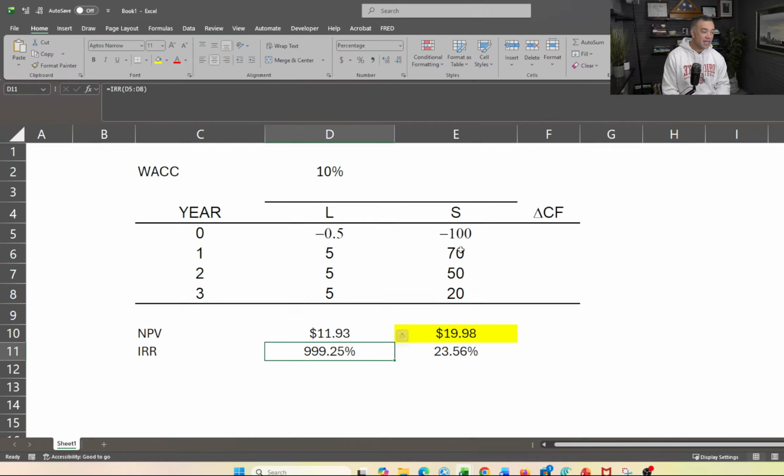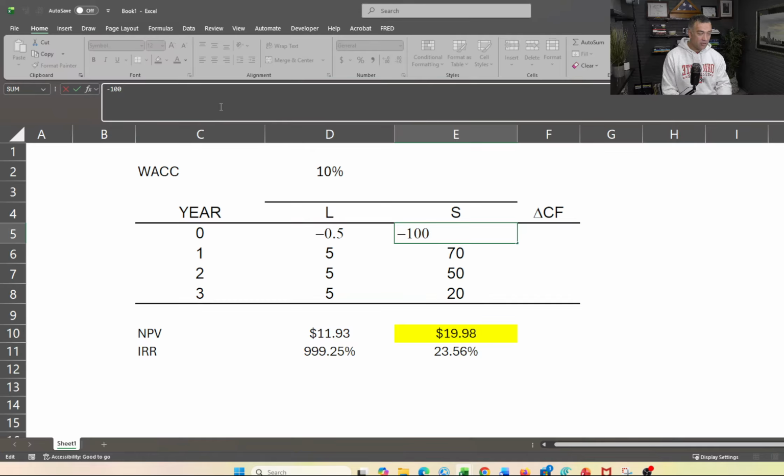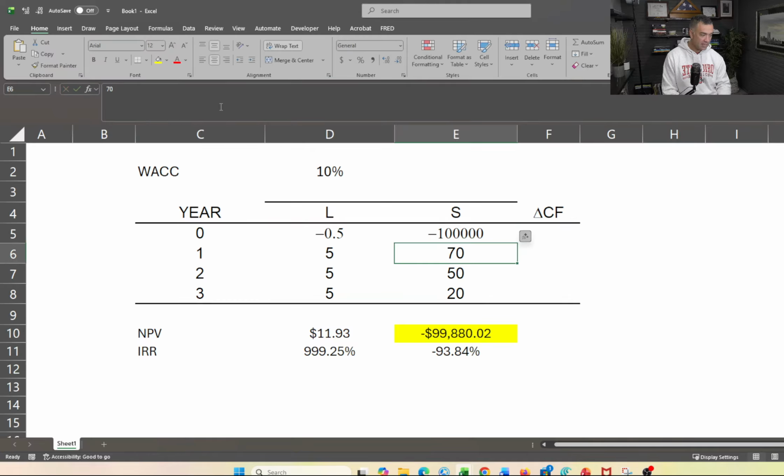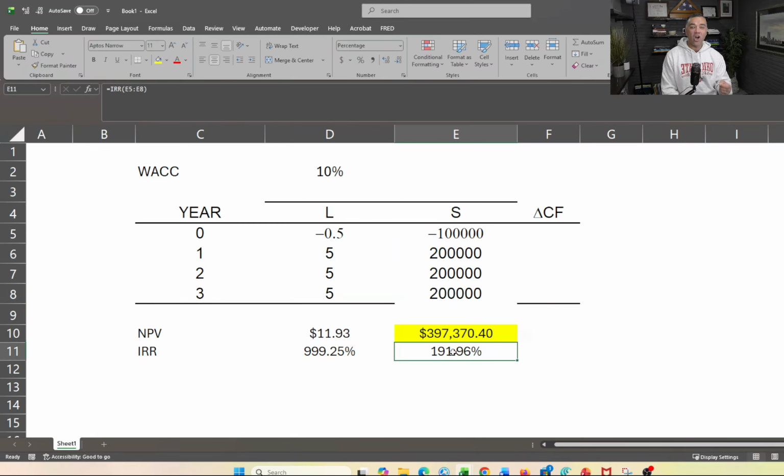But let's just say instead we invested 100,000. I'm going to change this in a bit. And we're making 200,000 per year. Look, our IRR is lower in this project.